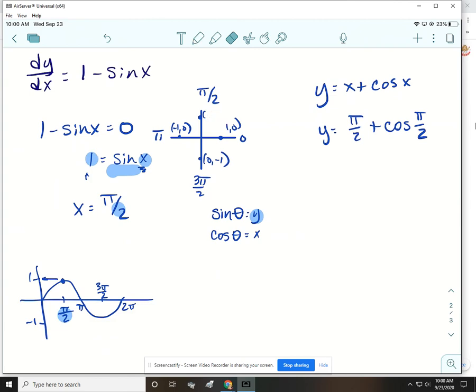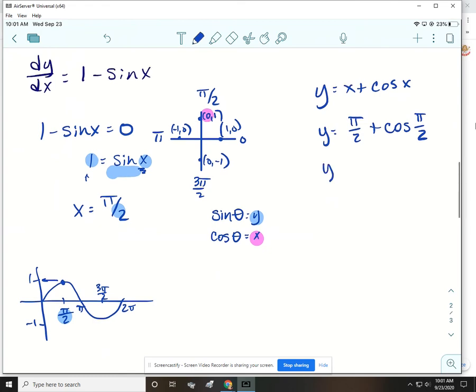That's not too terrible. We can go back to this unit circle that we drew. When we're looking for cosine on the unit circle, we need the x-coordinate. So we look back, the x-coordinate at pi over 2 is 0. So that means that the cosine of pi over 2 is 0. Pi over 2 plus 0 is pi over 2. So our point is pi over 2, pi over 2. Pi over 2 for the x, pi over 2 for the y.